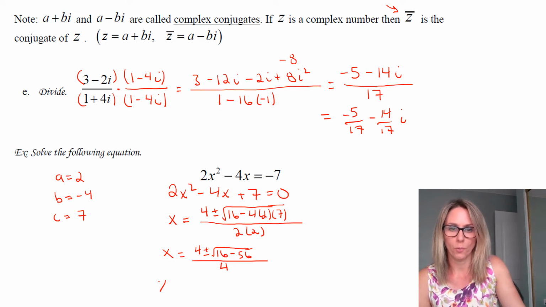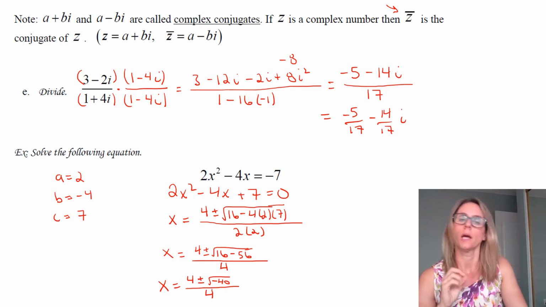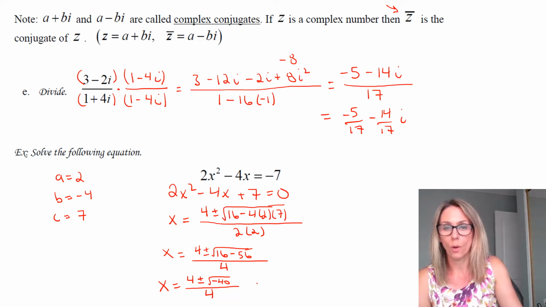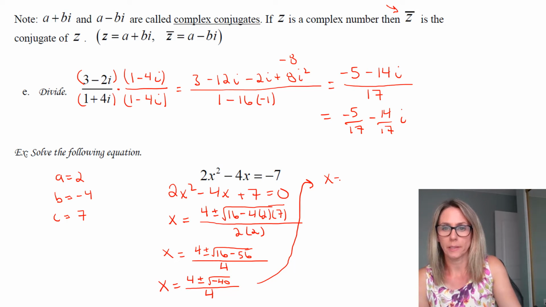So I'll do one more line down here. This will give us 4 plus or minus the square root of -40 over 4. I still can't do any simplifying yet until I have simplified that square root of -40. So I'm going to bring it up here and get x equals 4 plus or minus.